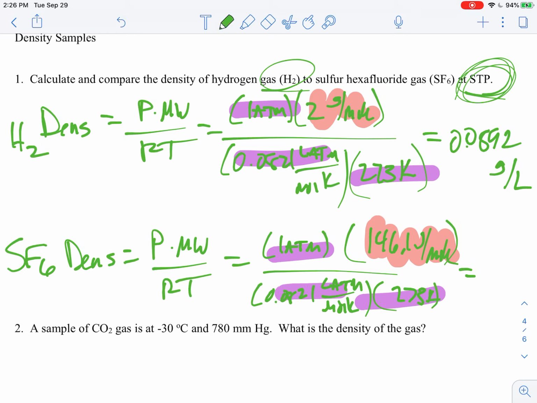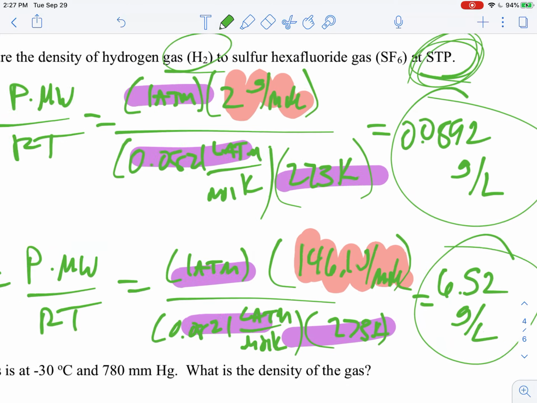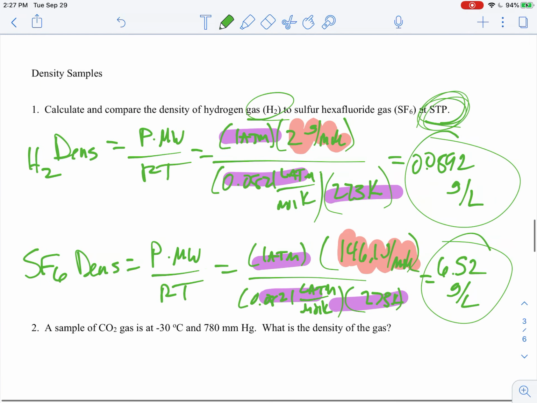So that has a density of 6.52 grams per liter. So sulfur hexafluoride is way more dense than hydrogen gas, which makes sense because it's 70 some odd times heavier than hydrogen gas because the molar masses are so wildly different.